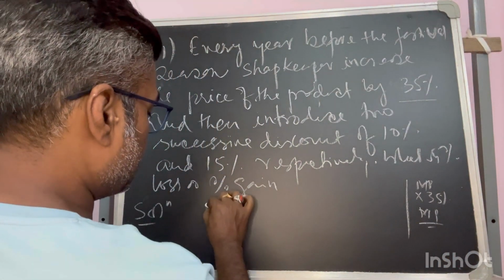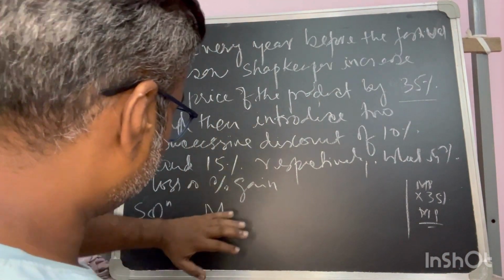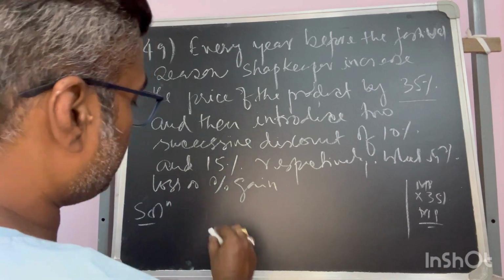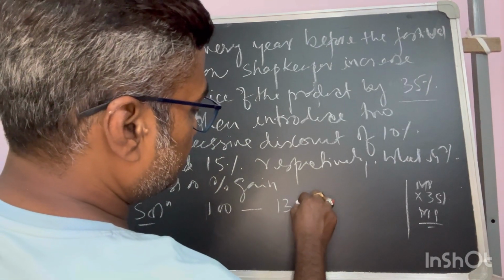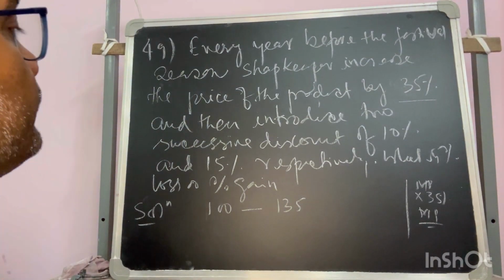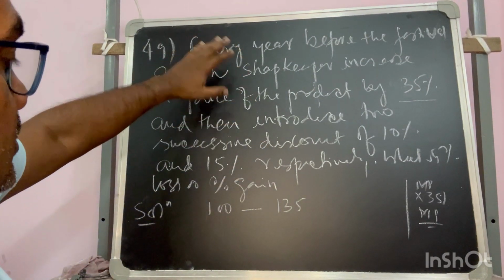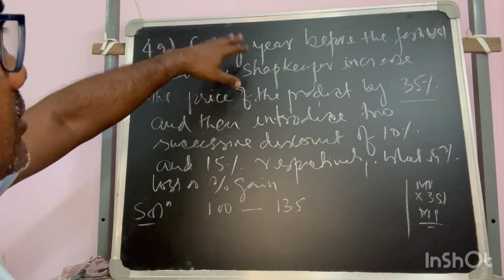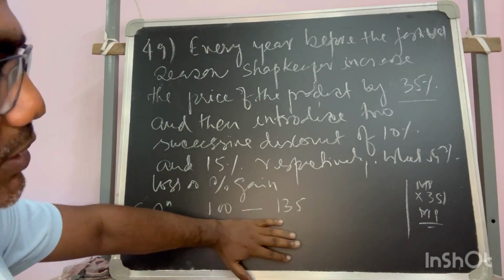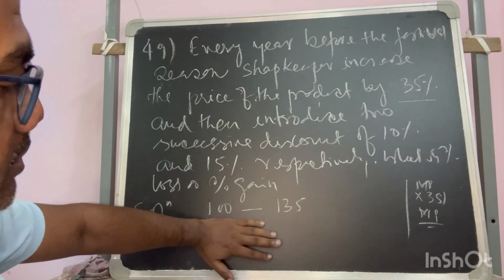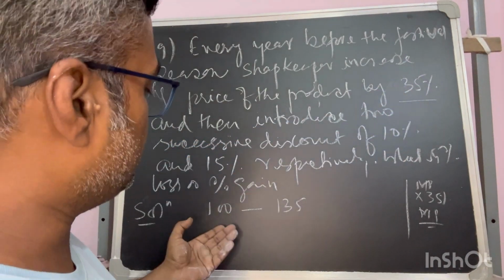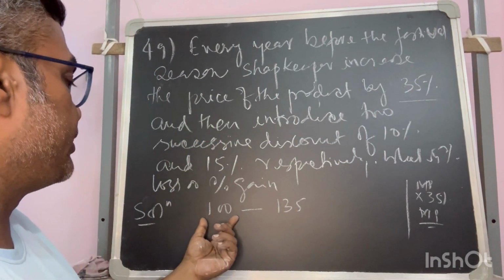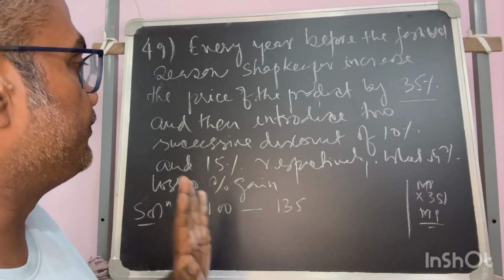If I assume the earlier mark price was 100, now that will be 135 definitely. Because there is no definite rupee value set, we can go with these standard values, since the percentage things are given. So if it is 100 earlier, this is 135.